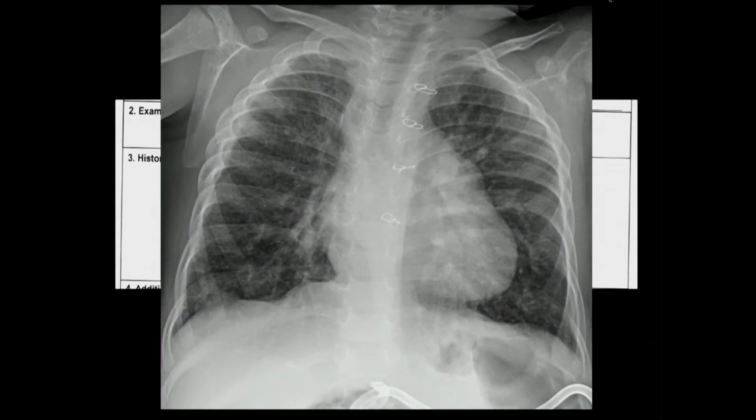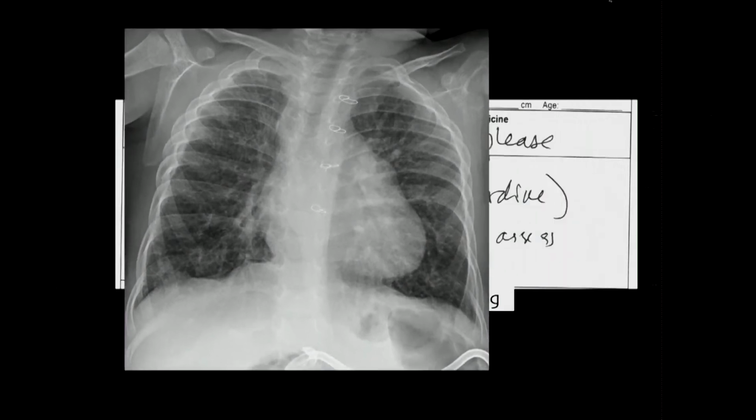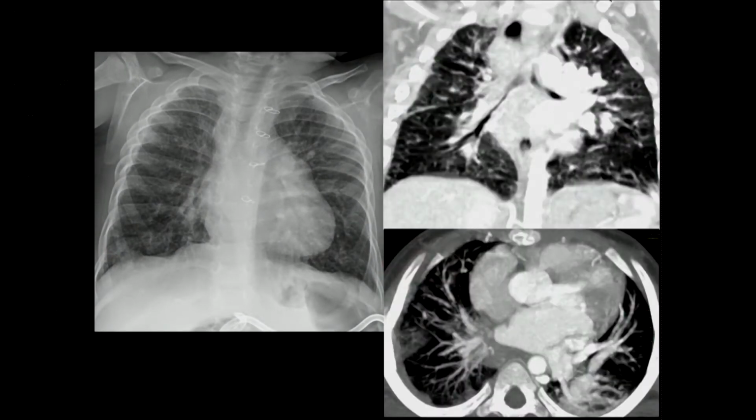Actually, we described it in such a way, and then we found in the CT scan that the right pulmonary vein is completely occluded, and there are interstitial Kerley lines only on the right side. If we have a unilateral pulmonary vein obstruction, you have that reticular pattern on one side, and on the other side you have significantly increased pulmonary vascularity.